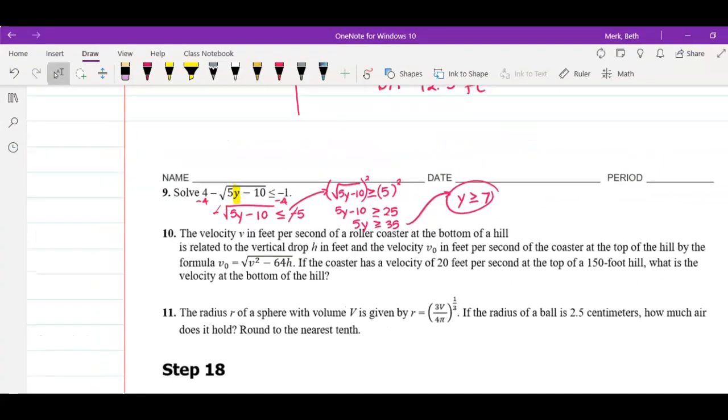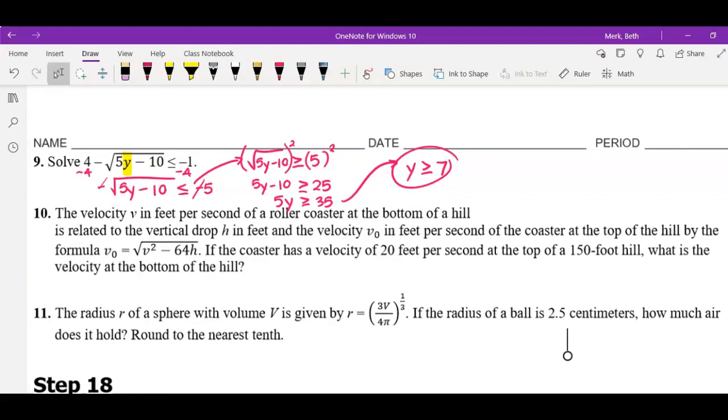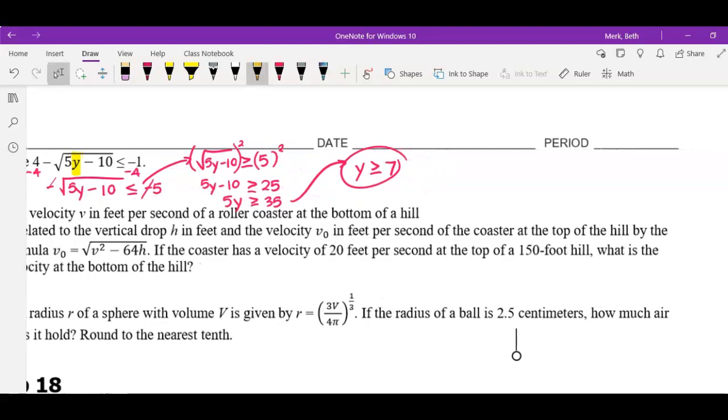For number 10, the velocity v in feet per second of a roller coaster at the bottom of a hill is related to the vertical drop h in feet and the velocity v sub 0 in feet per second of the coaster at the top of the hill by this formula. If the coaster has a velocity of 20 feet per second at the top of a 150-foot hill, so we have this information, 20 feet per second at the top.